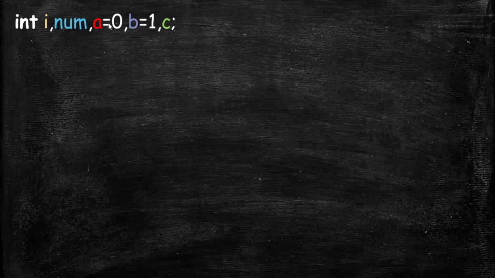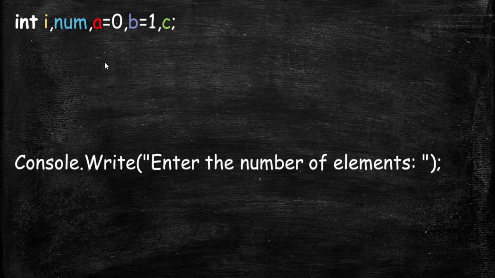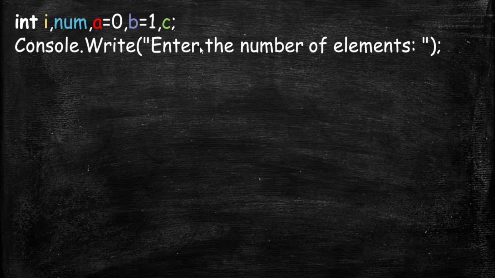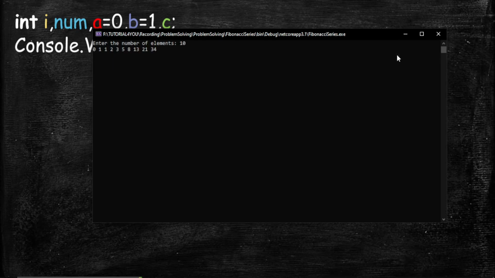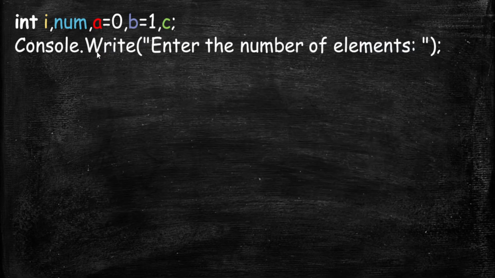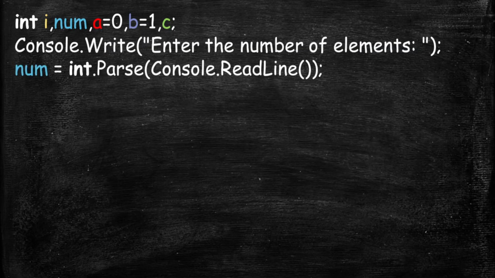By default, a is 0 and b is 1, as discussed before. Then we are printing this line, enter the number of elements, as you can see in the console application. Then we are taking the input of the user with Console.ReadLine, converting it into integer and storing it in the num variable.